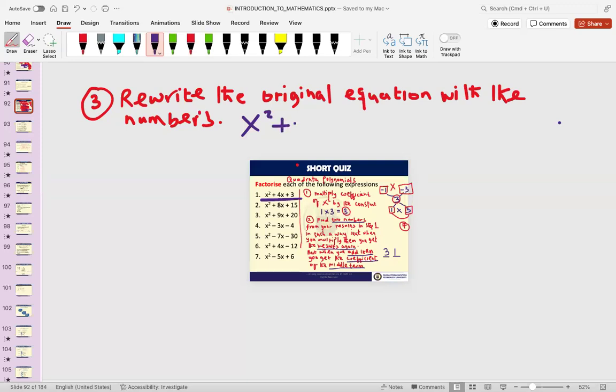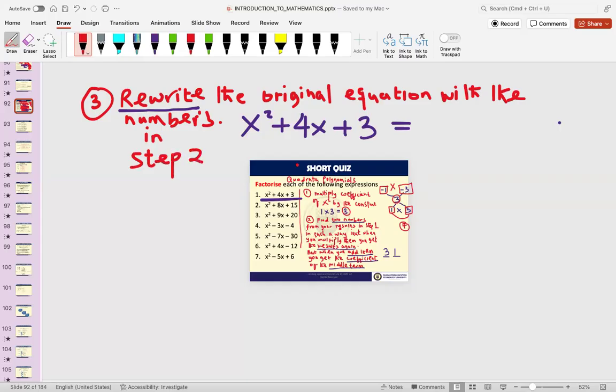But the instruction here is that we should rewrite this original equation with the numbers in step 2.